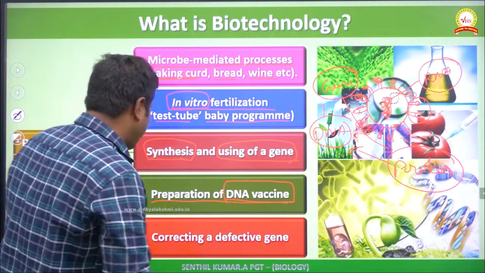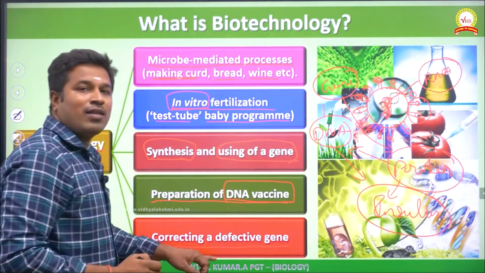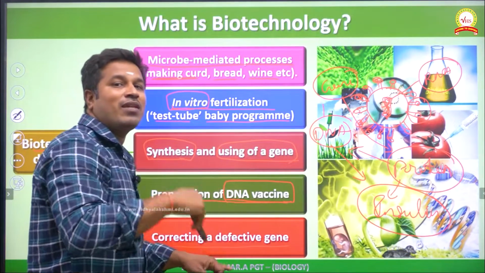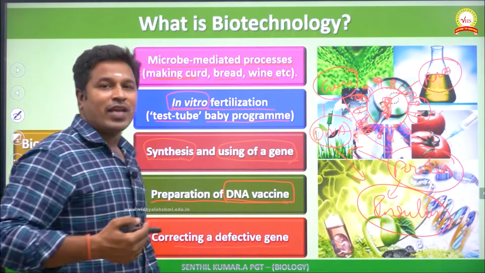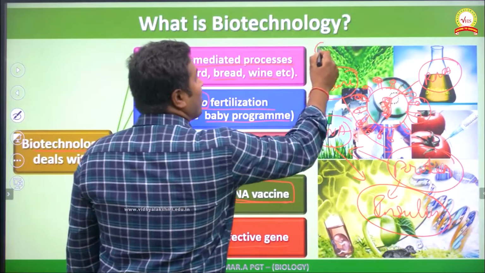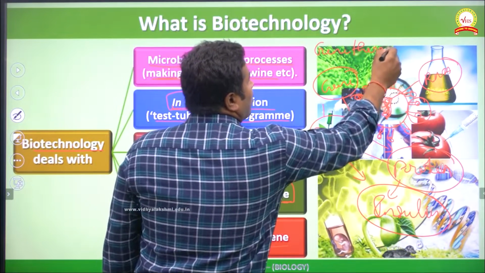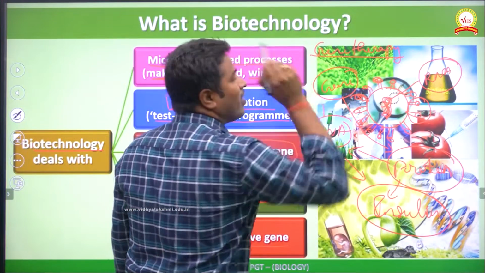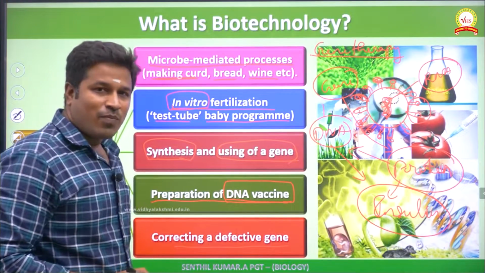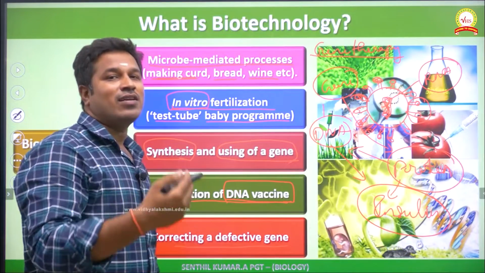Okay, and next, correcting the defective gene. That defective gene can be replaced by various kinds of techniques, one of which is gene therapy. Gene therapy is a therapeutic treatment we use to treat genetic disorders.